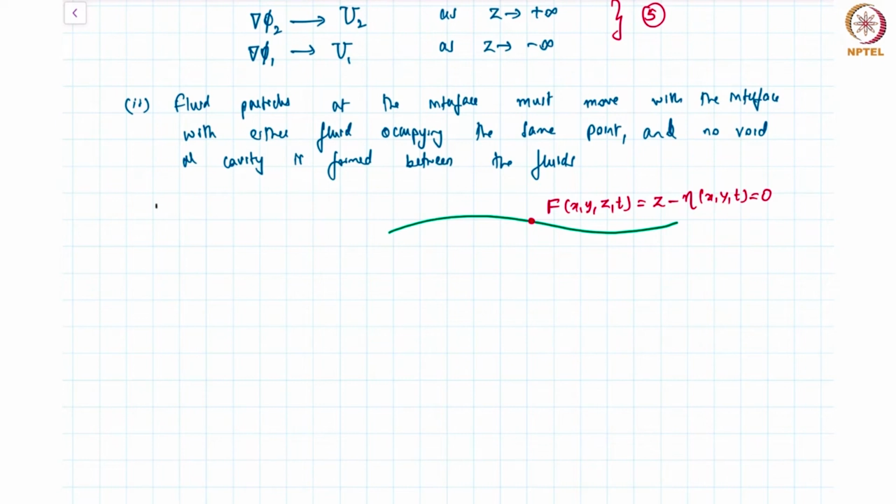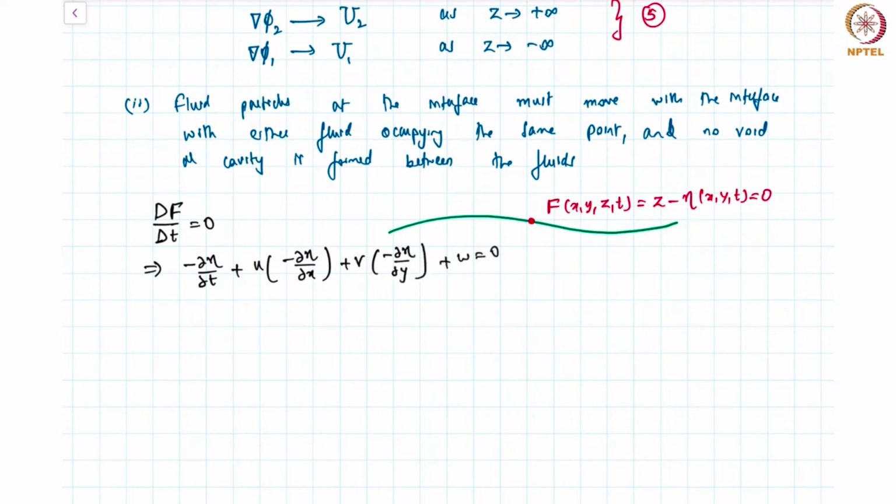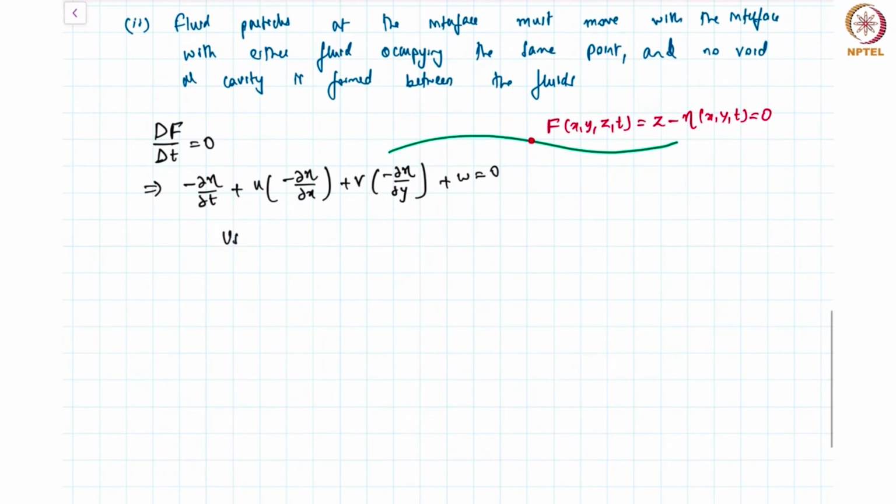that df by dt is 0, and if I use the chain rule, I simply get minus d eta by dt plus u times minus d eta by dx plus v times minus d eta by dy plus w equals 0.